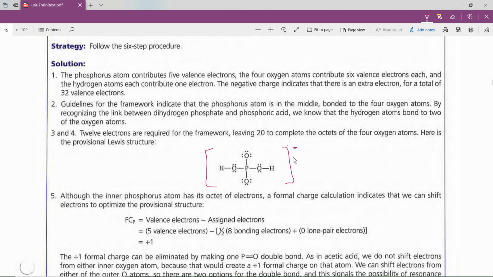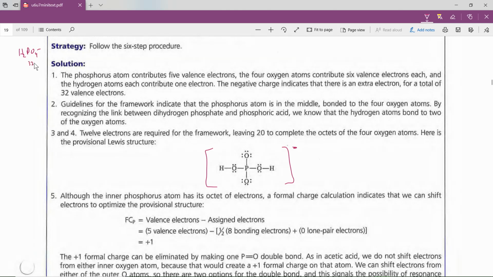So I can write it like this, and let's count, make sure 32 valence electrons. Really, what was the thing again? H2PO4 minus. H2PO4 minus. So 5 plus 2 is 7 plus 24, 25, 32.